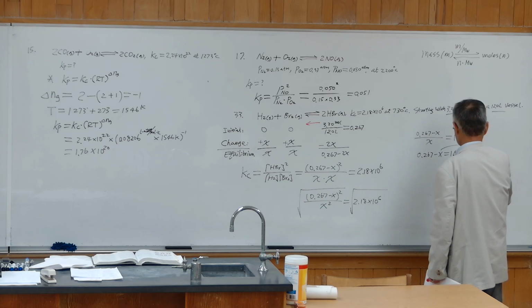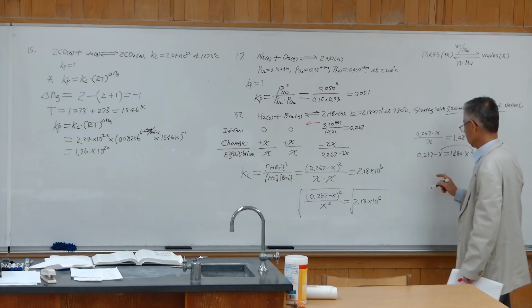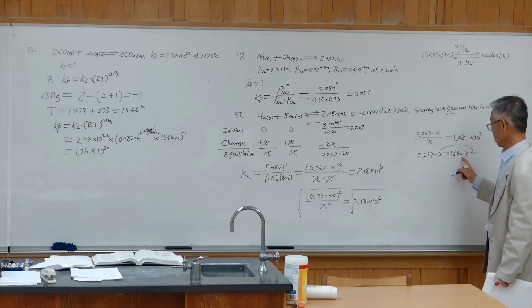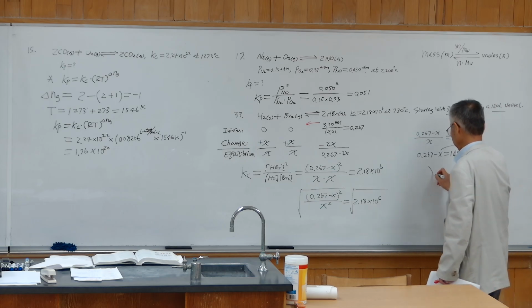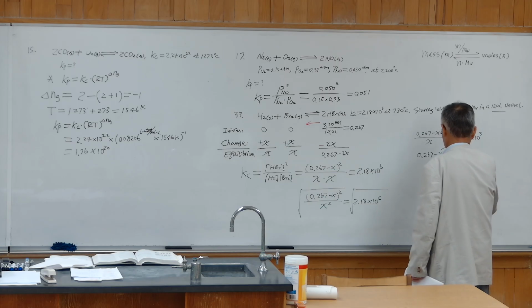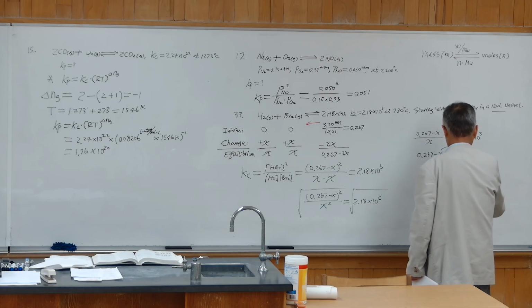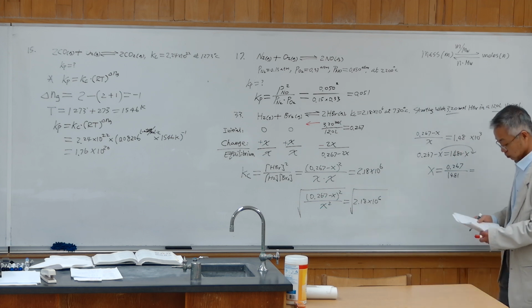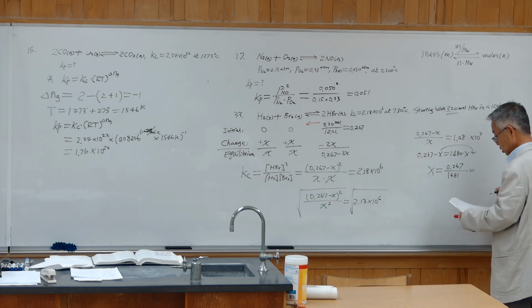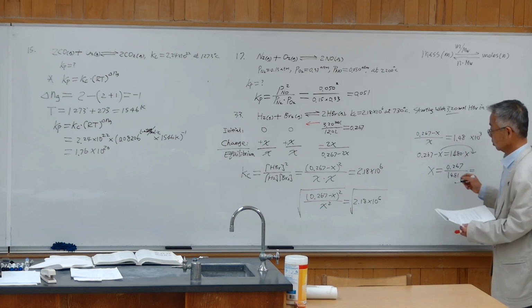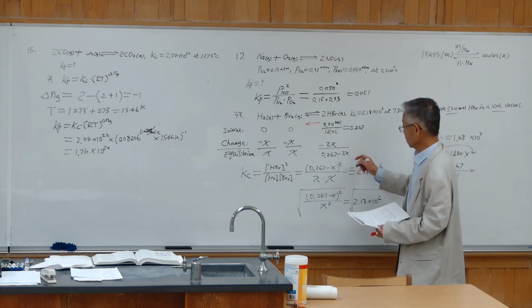Then move this to here, it becomes 1481x equal to this. Then x will be 0.267 divided by 1481. Oh, sorry, I made a mistake there.